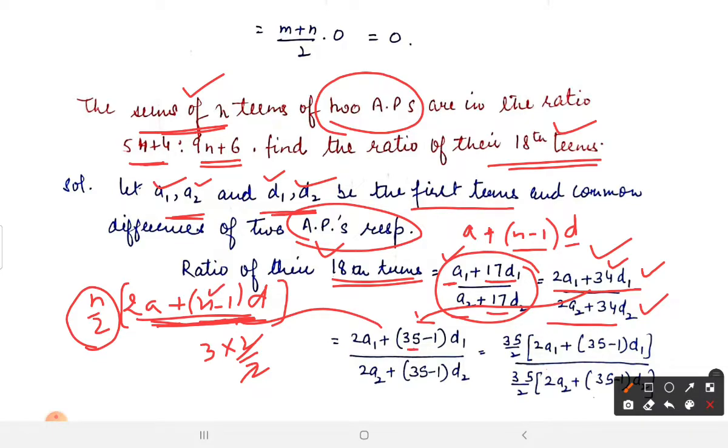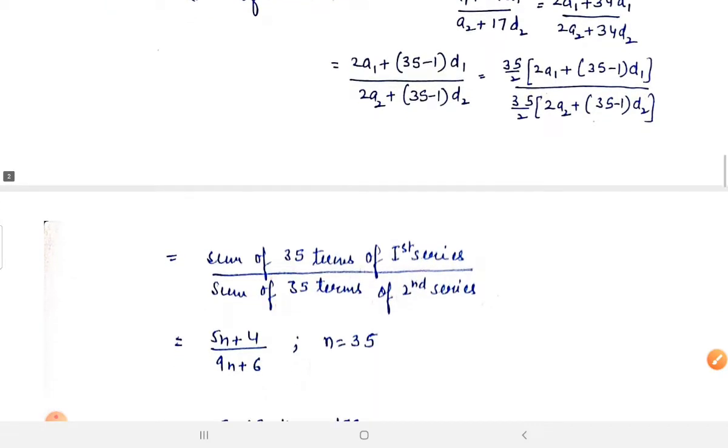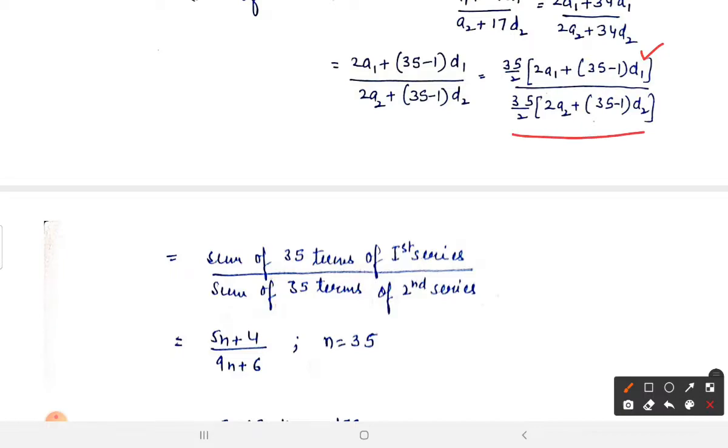So again multiply and divide with the same number, that is 35 by 2 in the numerator and 35 by 2 in the denominator. We will get 35 by 2, 2a1 plus 35 minus 1 times d1, and 35 by 2, 2a2 plus 35 minus 1 times d2. What is this?